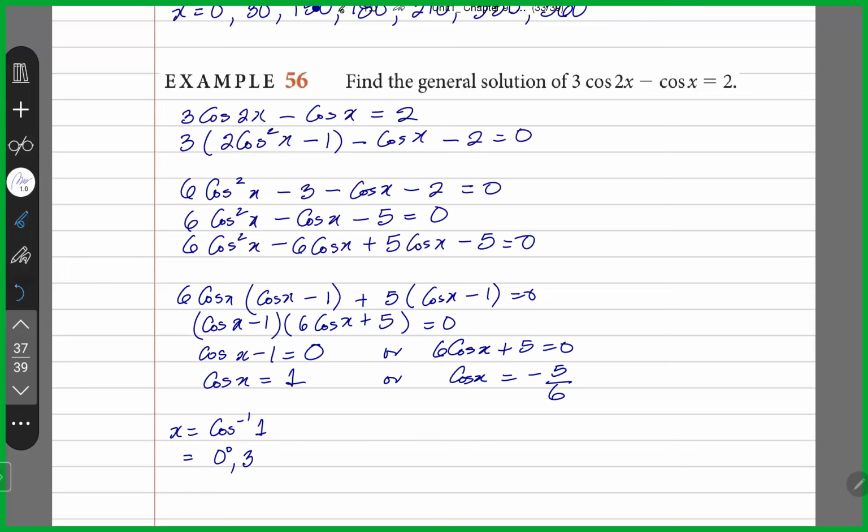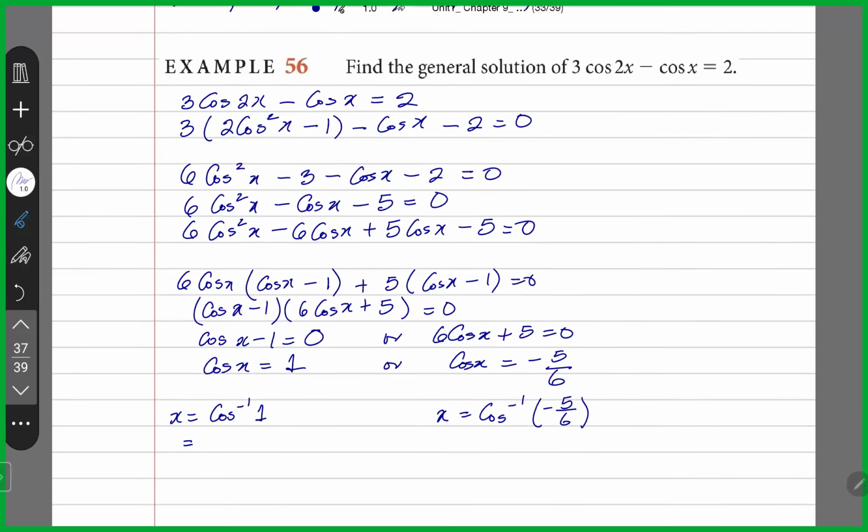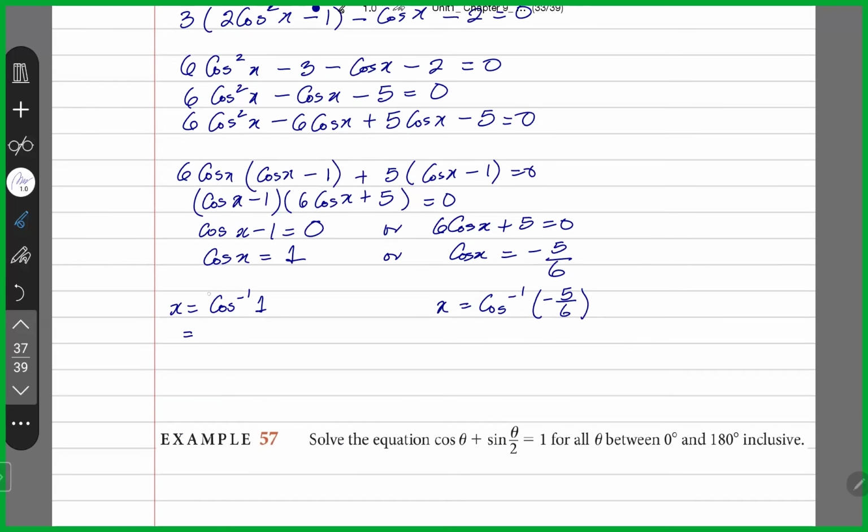All right, over here, x is equal to cos inverse minus 5 over 6. So the general solution here would be 360 n plus or minus 0. So it's just 360 n.